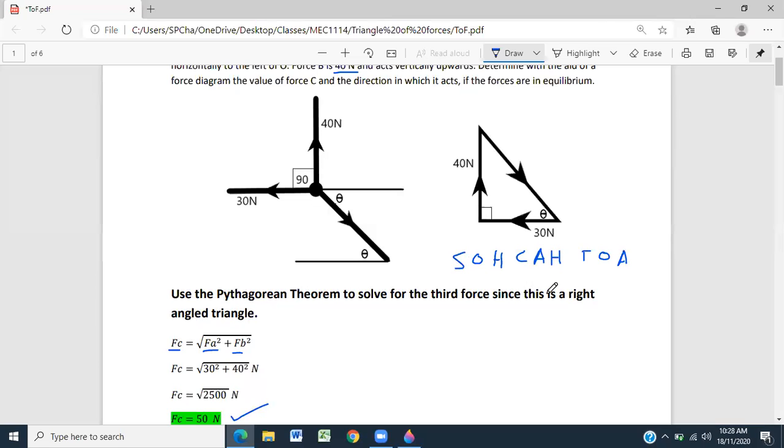What this little thing here means is that it's giving us the trig ratios for right angle triangles. Along with Pythagoras' theorem, when we're dealing with right angle triangles, we also have these trig ratios.